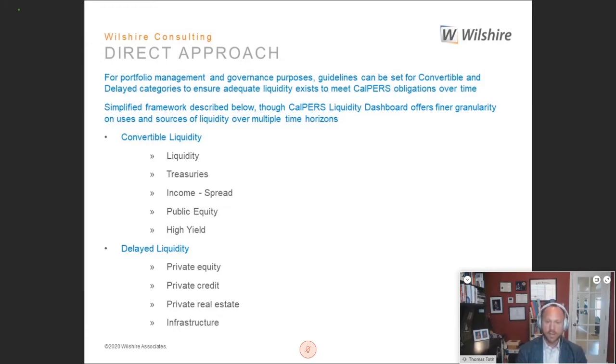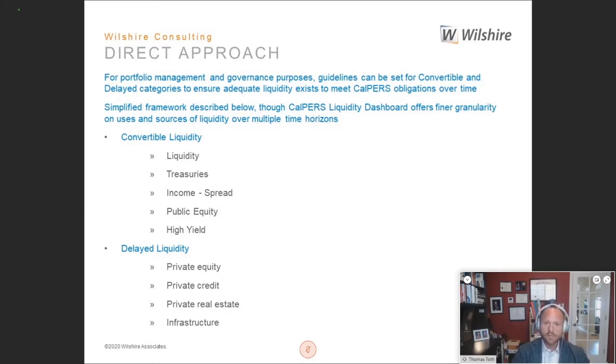But you can think about areas of the portfolio that are readily convertible into liquidity, whether that's the treasury segment, the income segment, parts of the income spread segment, or public equity. As I mentioned, delayed liquidity would capture all of the private investments, as those are areas of the portfolio that are unlikely to be accessible for liquidity at any reasonable price. So from a best practices standpoint, CalPERS has the direct approach within their day-to-day portfolio management process.